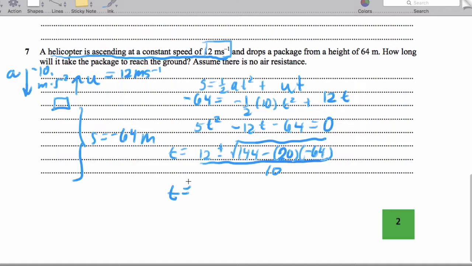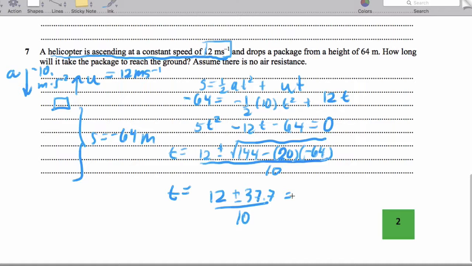And so with this in mind, I'll take 20 times 64 plus 144. And then when we square root that, we end up getting 37.7. So 12 plus or minus 37.7 divided by 10.